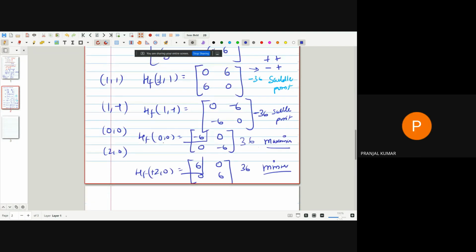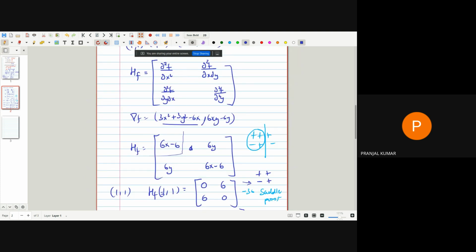Okay. So see, you first find the gradient vector, right? To get the first row, you can write this as dou f by dou x and dou by dou x. And this second element you can write as dou f by dou y, dou by dou x.